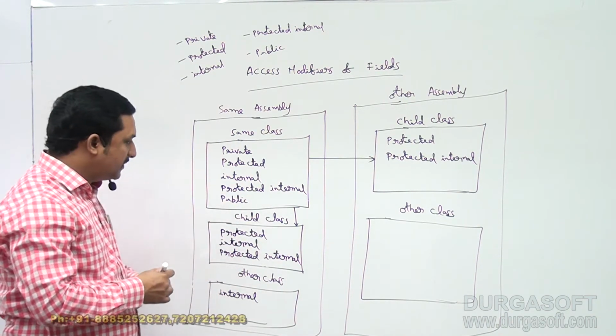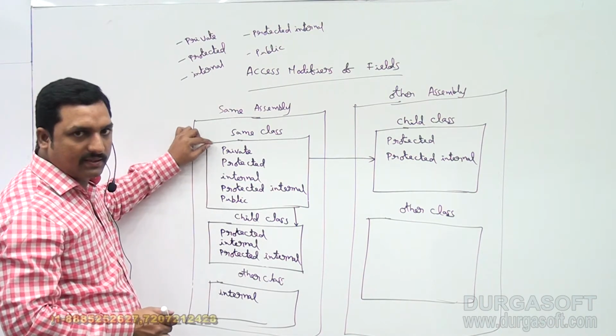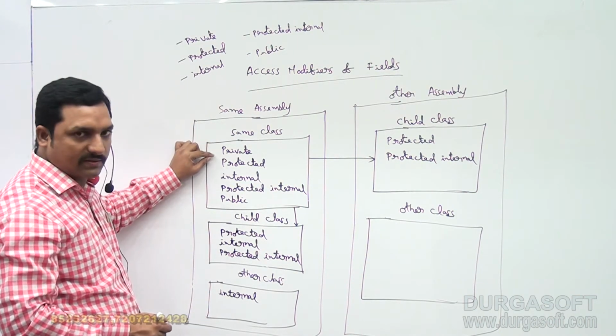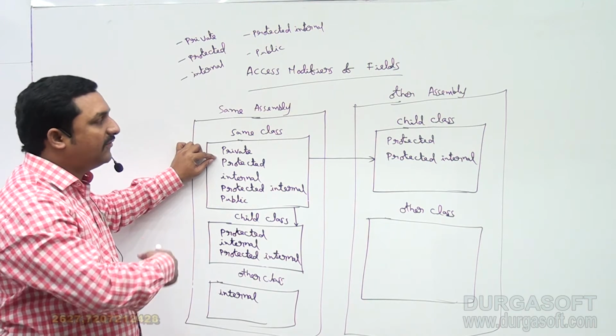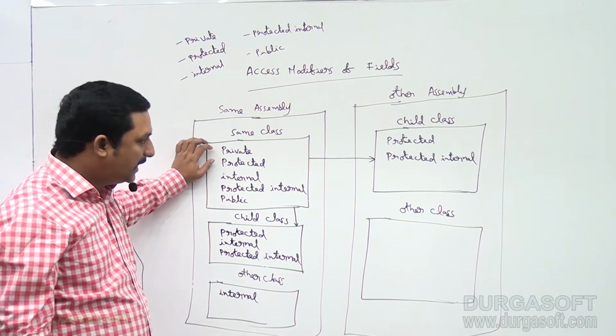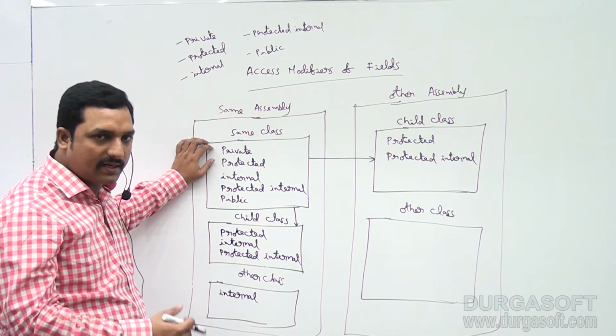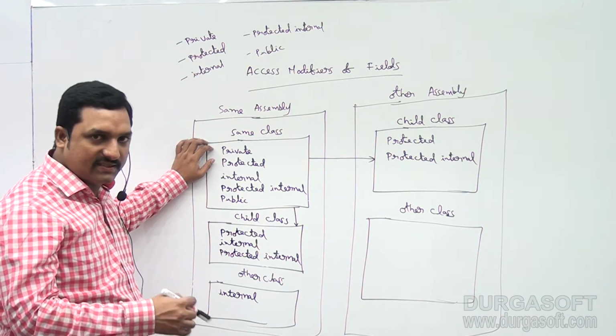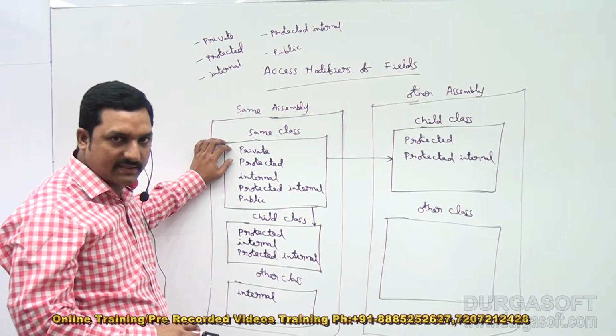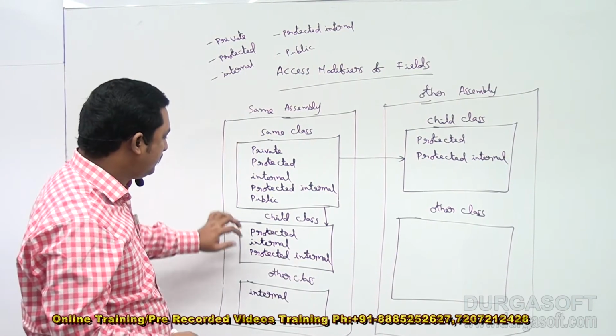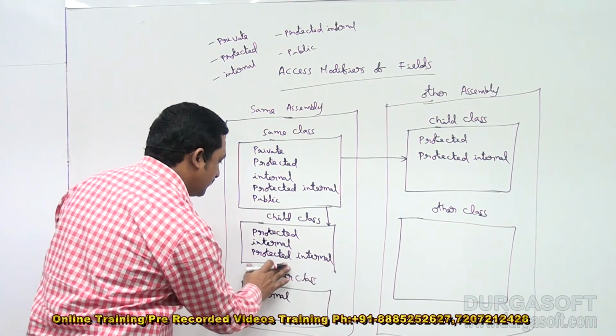Okay, now next, public. This public member of this particular class is accessible by default in the same class, and accessible everywhere else. Undoubtedly, unconditionally, unrestrictedly, everywhere, globally it is accessible. That is what public is. So definitely here it is accessible.